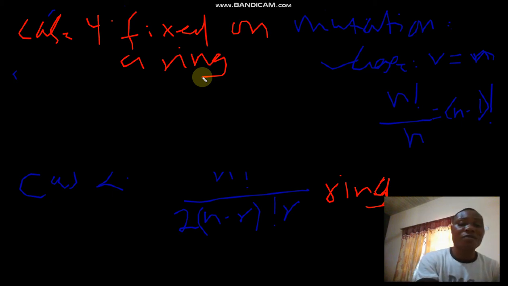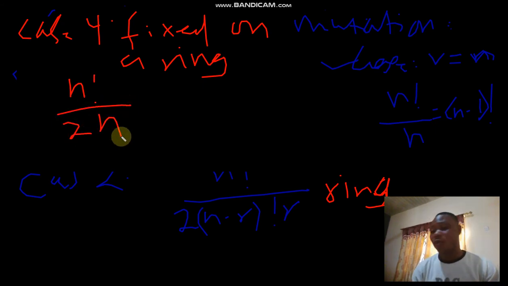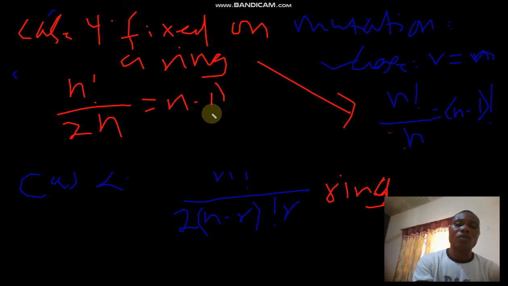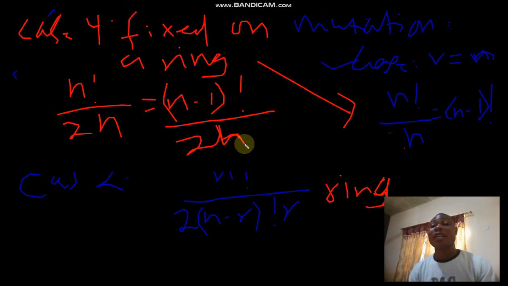That one gives me n factorial over 2n. It's the same thing as the previous one, but we just multiply the denominator by 2. That's the only difference. So this one is also going to be (n minus 1) factorial over 2n. Sorry, I'm bothering you with a lot of formulas.